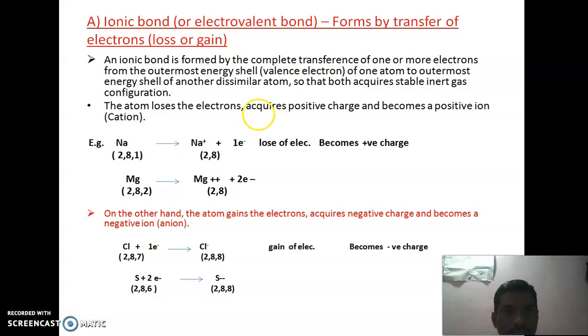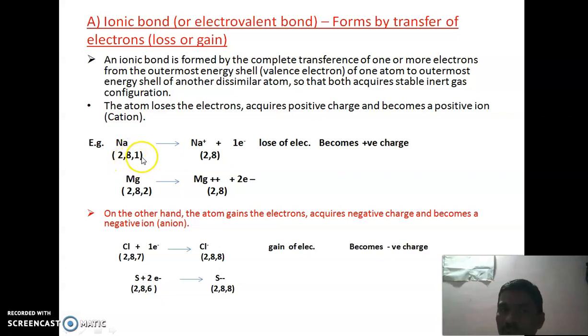The atom that loses electrons acquires a positive charge and becomes a positive ion, known as a cation, and this type of electrovalency is known as positive electrovalency. For example, sodium has atomic number 11 and electronic configuration 2, 8, 1.